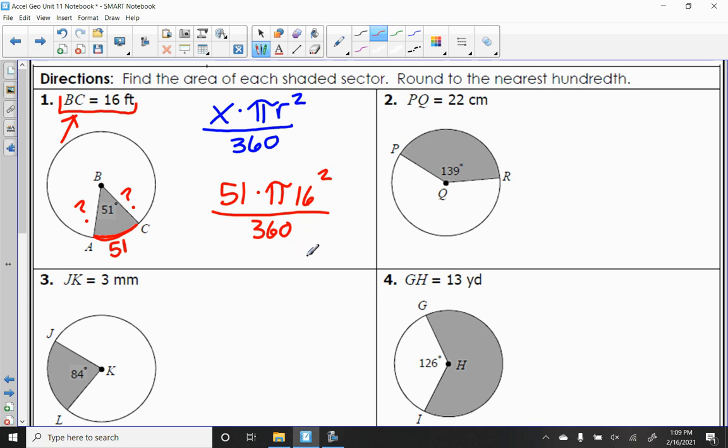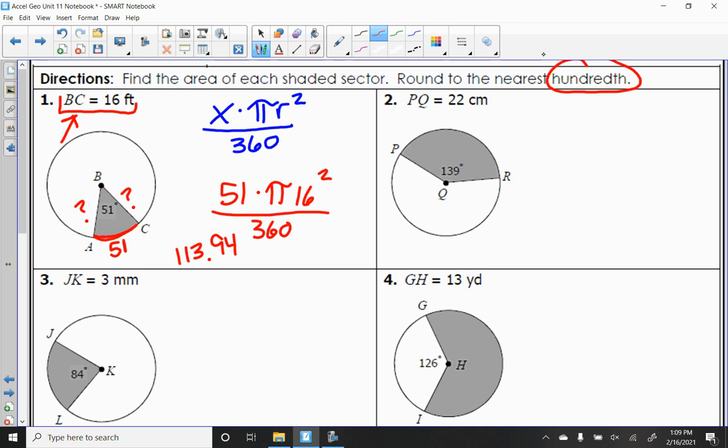And there you have the measurement. Let me do this real quick in my calculator. So I'm saying 51 times pi times 16 squared equals divided by 360, and the area of that sector is right around 113.94ish. I rounded to the second decimal place, the 100th spot, where it says in the directions round to the nearest 100th.